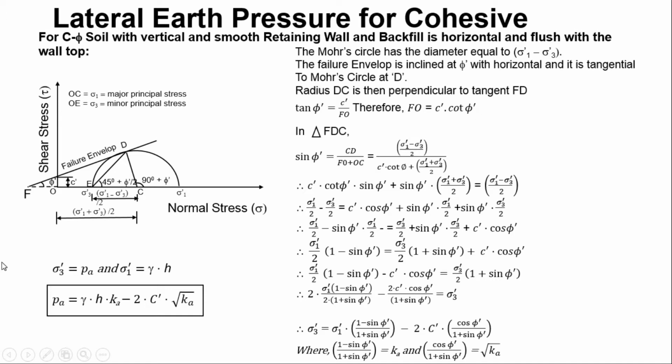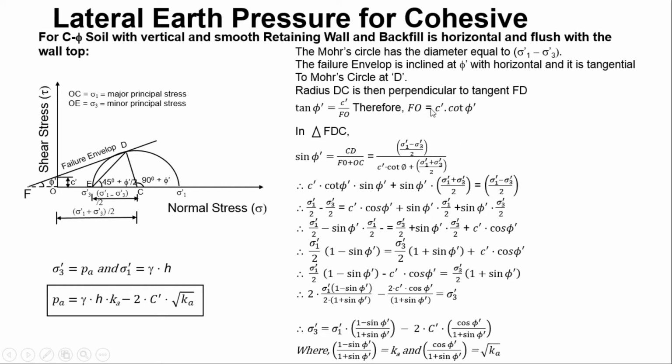Now in the bigger triangle FDC, what is sin phi? Sin phi is equal to DC, the opposite side, upon the hypotenuse FC. But what is the hypotenuse FC? Hypotenuse FC is the sum of FO plus OC, and we have seen that OC is sigma 1 dash plus sigma 3 dash divided by 2, and FO we have just calculated.